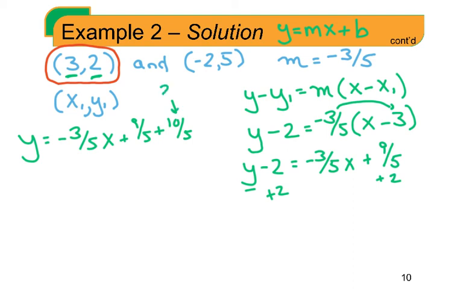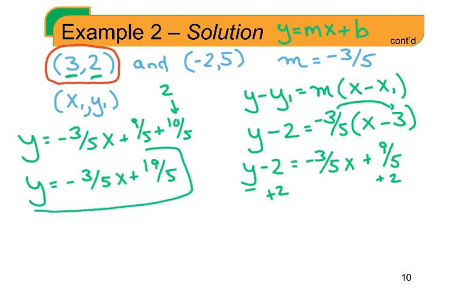That's equivalent to 2. So y equals negative 3/5 x plus 19 over 5, which is exactly what we got with the other method. So it's up to you. Which one do you think's easier? I don't know. I just like this way.